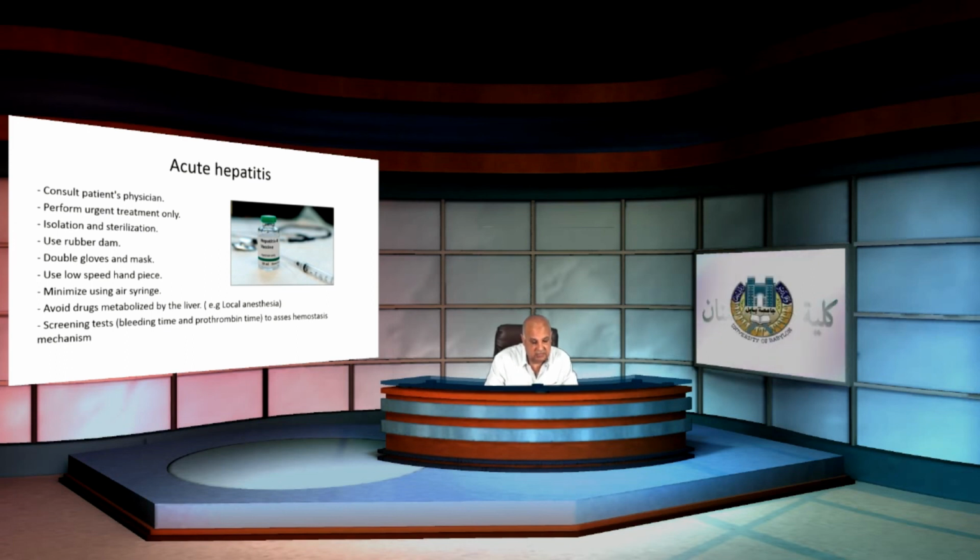The patient might then complain of profuse bleeding, so we have to check the prothrombin time, which also gives an idea about liver function, and the bleeding time, in order to assess the hemostatic mechanism.